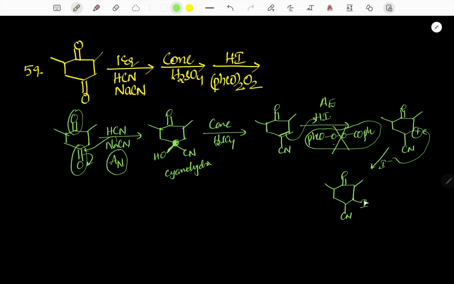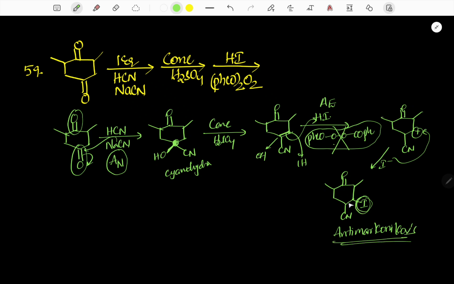Now if I see this overall reaction, iodine is connected to a carbon with 0 hydrogens, the other is a 1 hydrogen carbon. So iodine is connected to the carbon which has more hydrogens, therefore it is an anti-Markovnikov product.